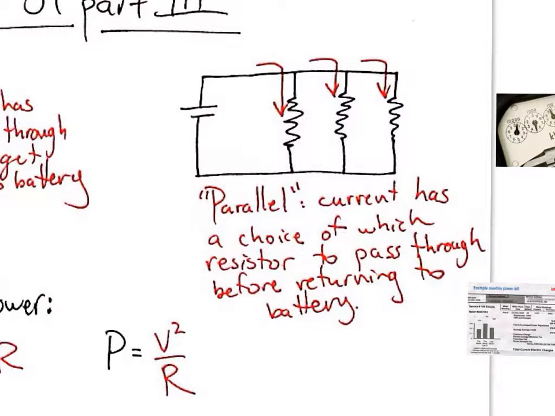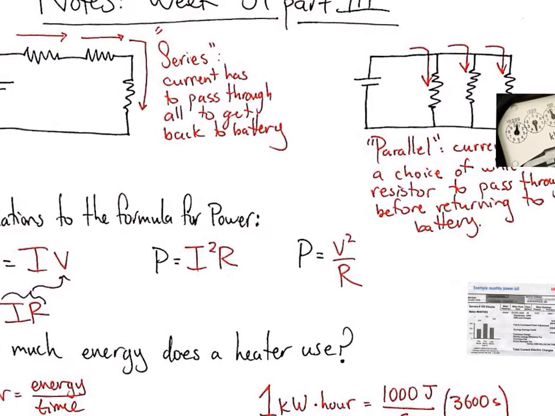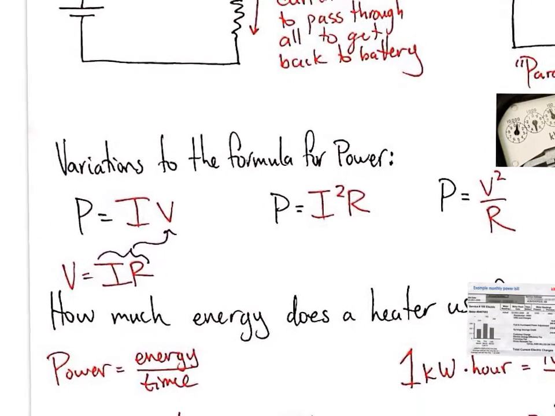And not that the electrons are sitting there thinking about it, but you could have current flowing from this positive terminal of the battery through this resistor and then back to the negative terminal of the battery. So that branch of the current only passed through one of the three resistors in the circuit. That's described as parallel. Okay, more on that later.